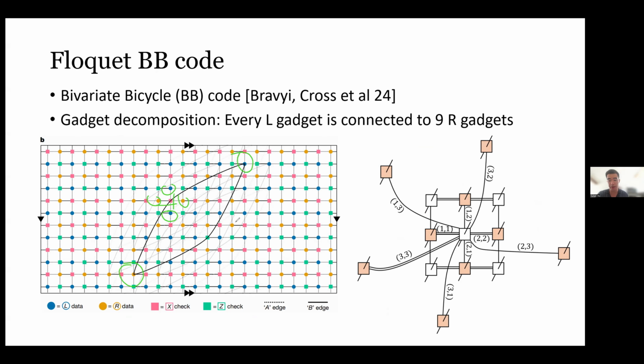And what we found is that each L and R gadget needs to be connected to 9 other gadgets that surround it, because there are 9 lattice directions instead of 4. There are actually three ways a cycle can go along this Tanner graph. So this 9 connection means that there is a new set of bond operators that we need to specify for all these 9 directions, right?